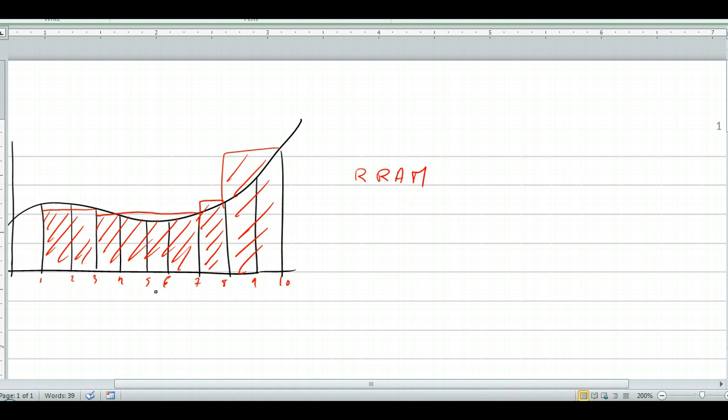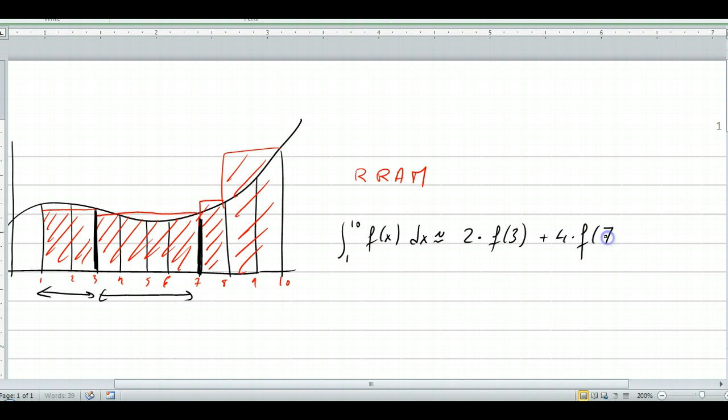So let's get all these areas. The integral from 1 to 10 of f of x dx is about, the first rectangle has a base of 2, and you have to use f of 3, so 2 times f of 3, plus the second rectangle has a base of 4, and you're using f of 7, plus 4 times f of 7 for the height.